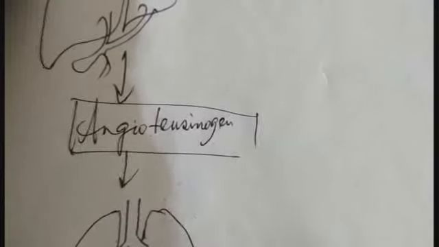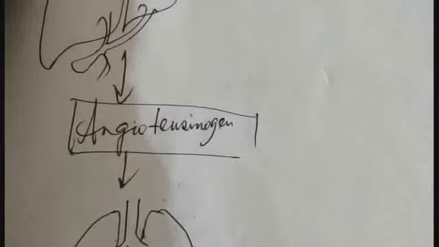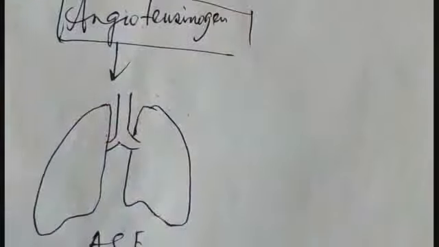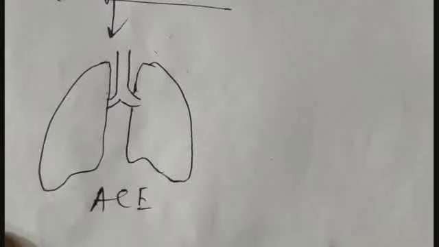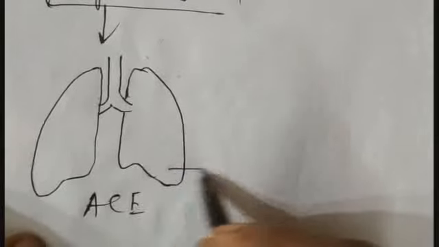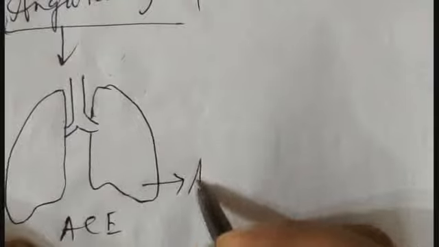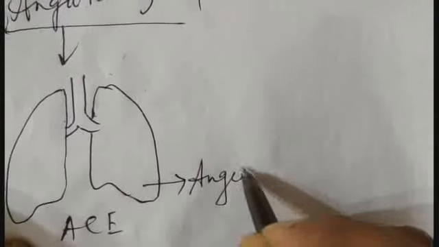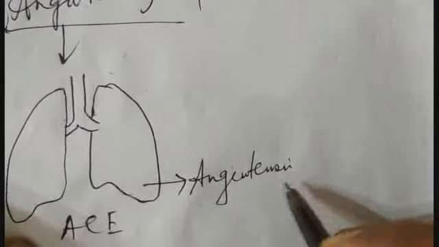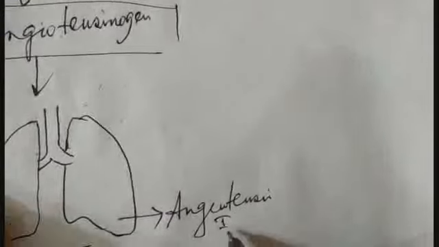Angiotensinogen compels to produce ACE, that is angiotensin converting enzyme, which converts angiotensinogen to angiotensin 1.